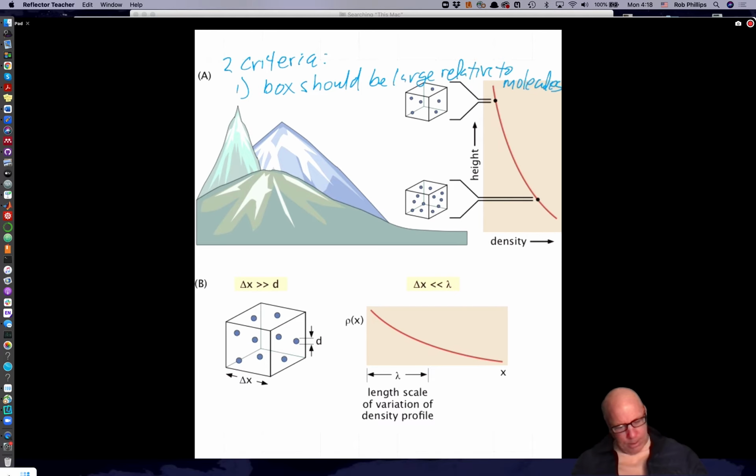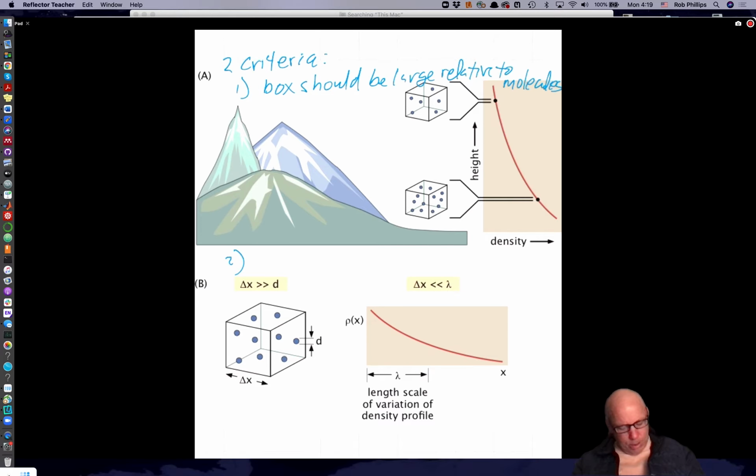And that's illustrated down here. So here you see molecular dimension D. You see that the material volume element is characterized by a length scale delta x, and hence the criterion that we have in mind is that delta x should be much, much larger than D. So that's criterion number one as to, am I allowed to invoke continuum thinking, this coarse graining operation?